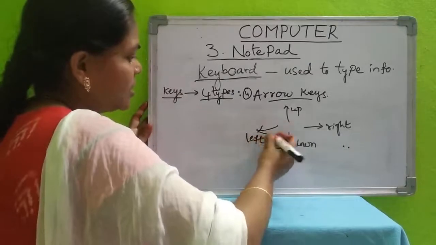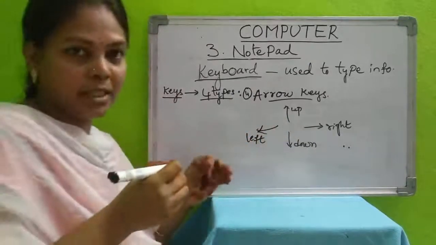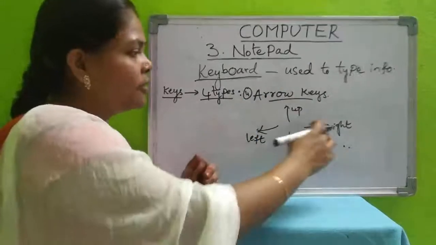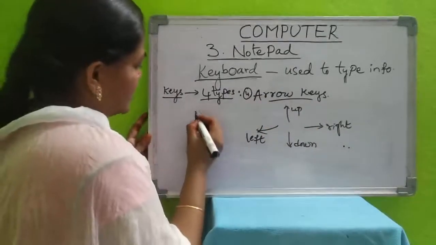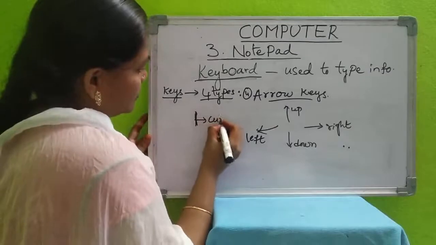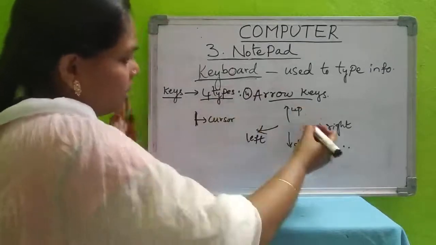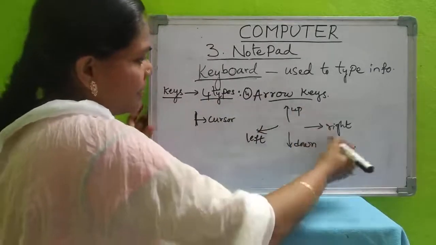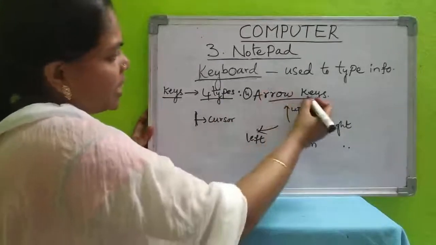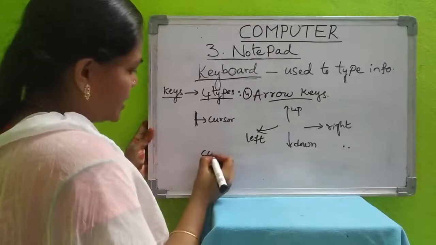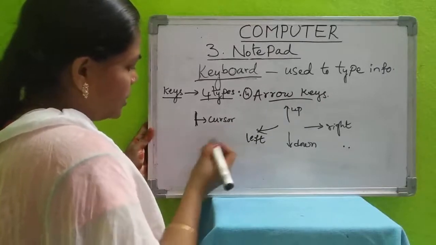Why these arrow keys are used? To control the cursor, to move the cursor in these 4 directions. This blinking line is called as cursor. So to move this cursor in 4 directions, up, down, left side and right side, we use these arrow keys. So these are called as cursor control keys.